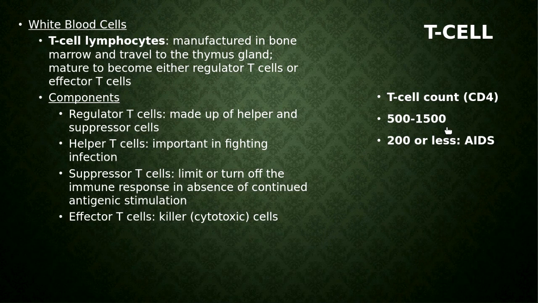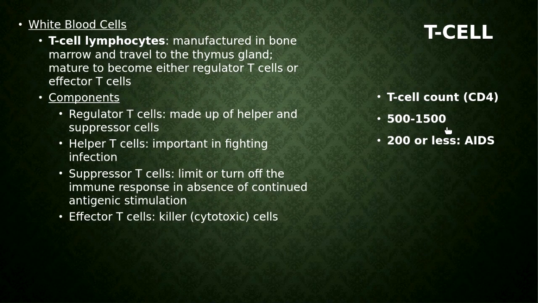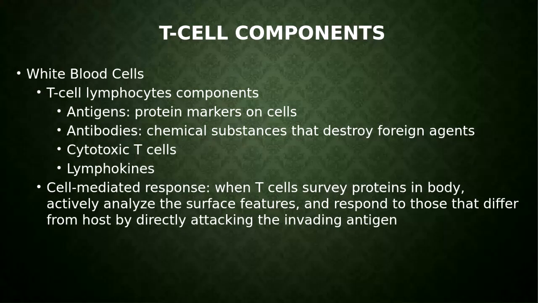If you have a T cell count of 200 or less, that patient has some HIV going on. Components of the T cells, you have antigens, which are your protein markers, your antibodies, which destroy foreign agents, cytokine cells, and lymphokines.